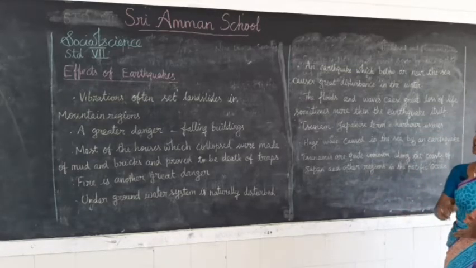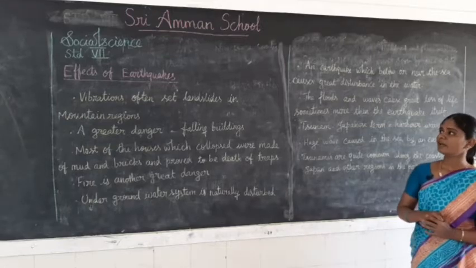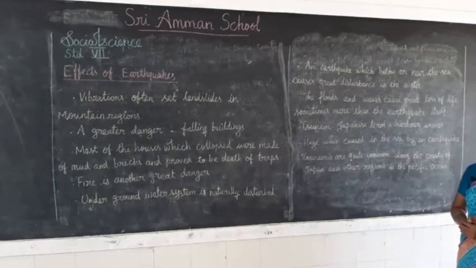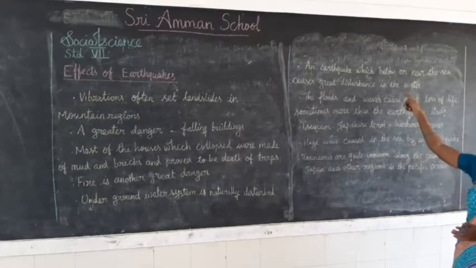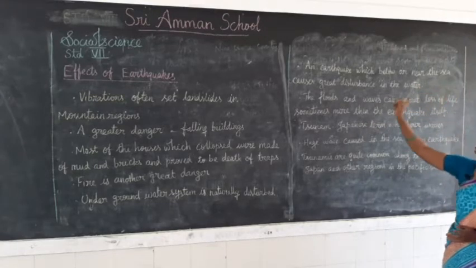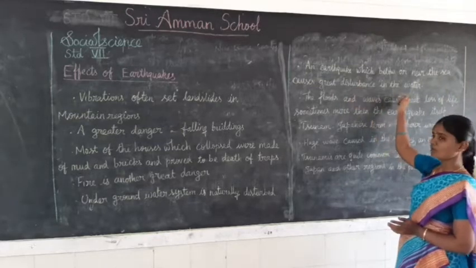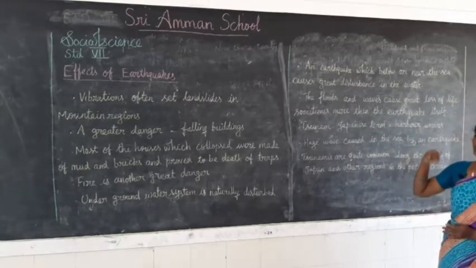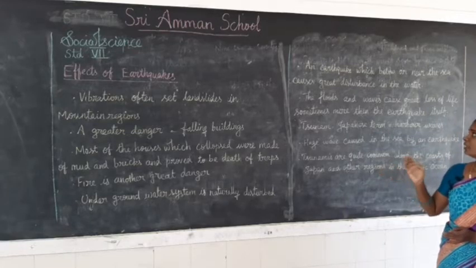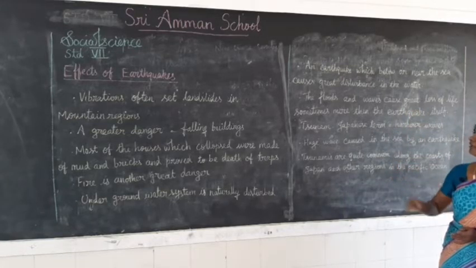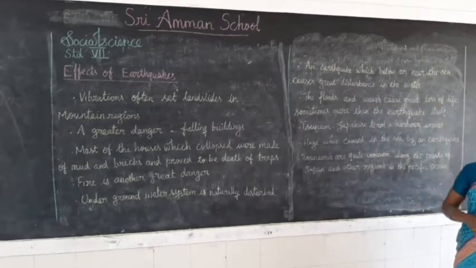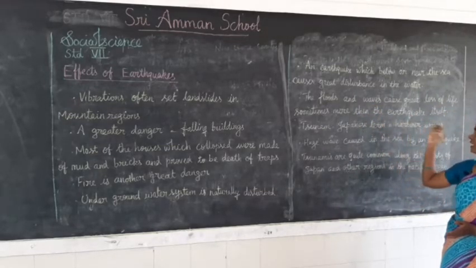So, another important effect of the earthquake is tsunami. An earthquake below or near the sea causes a great disturbance in the water. The floods and waves cause great loss of life and property, sometimes more than the earthquakes.